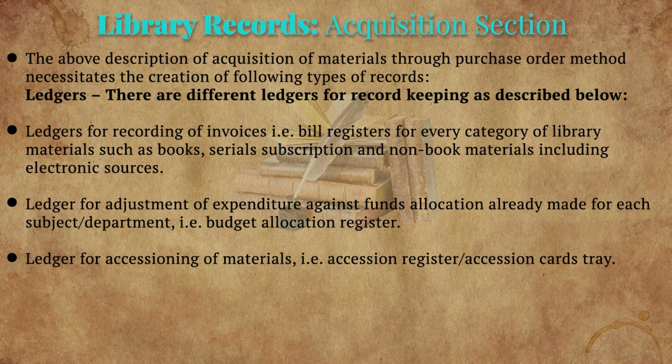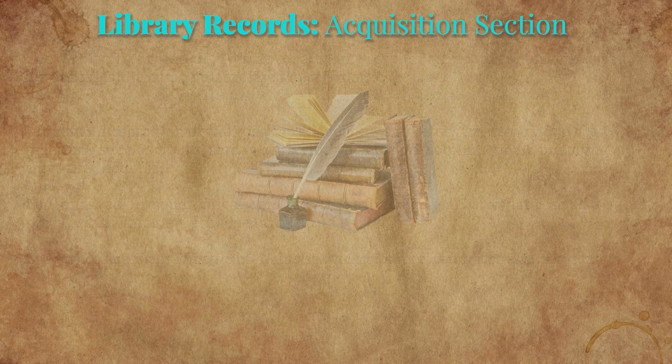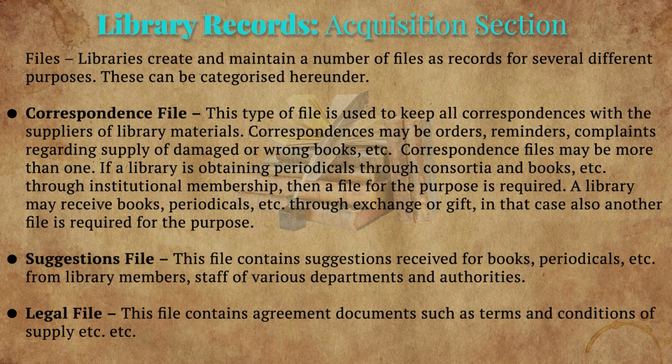Ledger for adjustment of expenditure against funds allocation already made for each subject, each department, that is the budget allocation register. Then we need to know the ledger for accessioning of material, that is the accession register, and the accession cards tray. Then library records of the acquisition section: files, correspondence file, suggestion file, legal file, cards and slips in tray, statistical sheet.